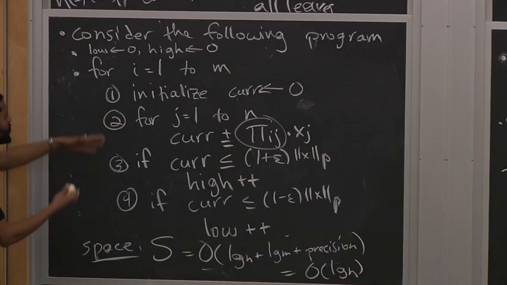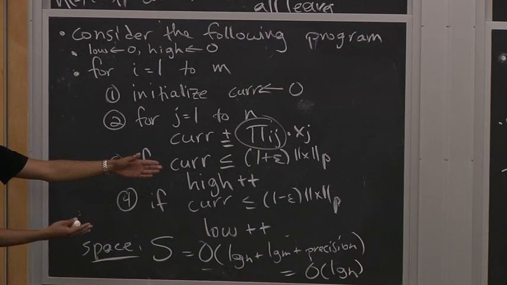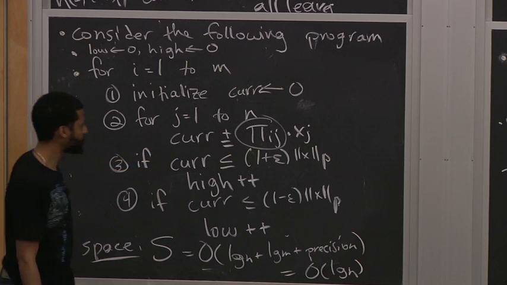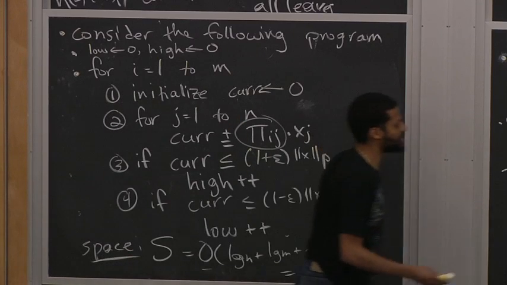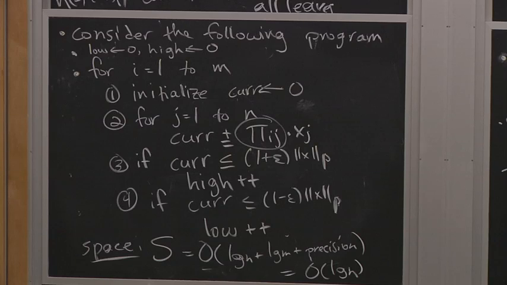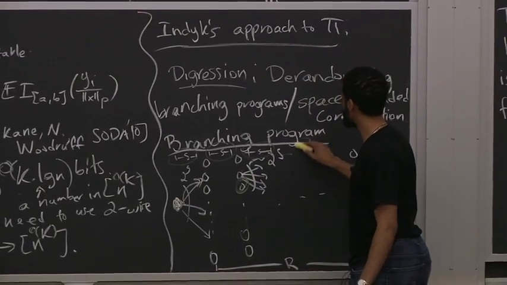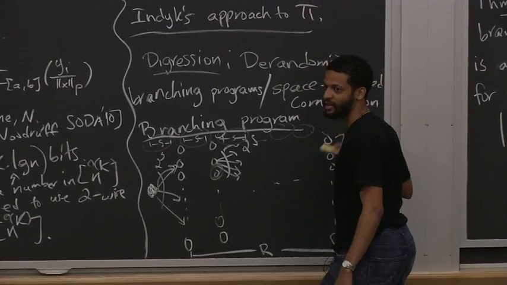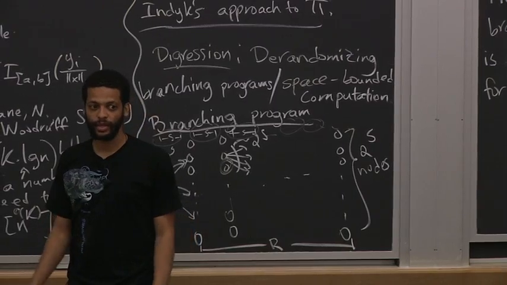Okay? You can imagine writing this algorithm as a branching program, right? Where basically these chunks, this is like pi 1,1. This is pi 1,2, pi 1,3, etc. When you're done with the first row, then you see pi 2,1, pi 2,2, etc. You're reading in the pi matrix row by row, entry by entry in that row.